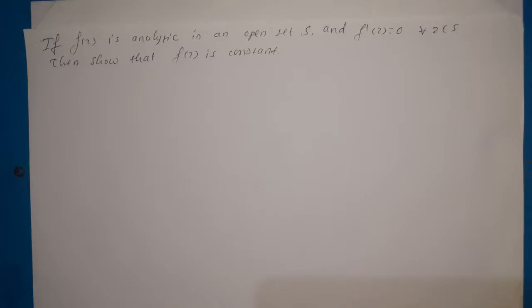Constant means, let us consider k as a constant, it is independent of the variables x and y. Therefore we need to prove that f of z is independent of x and y.